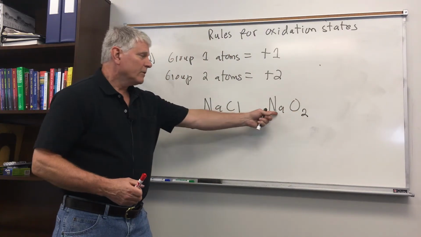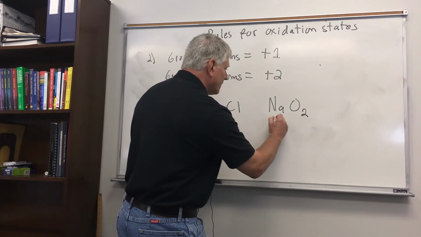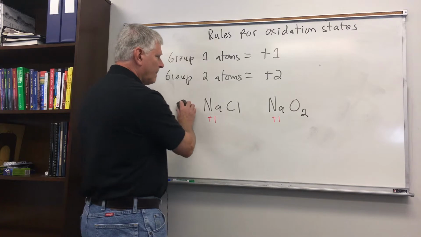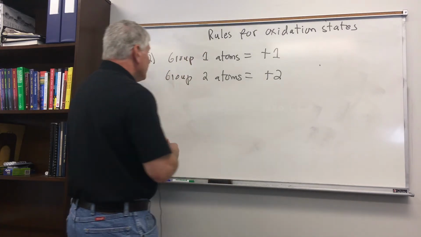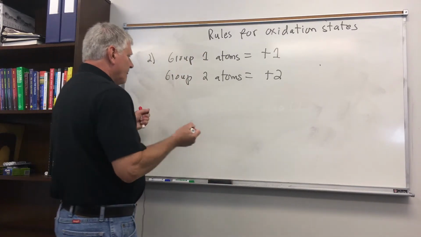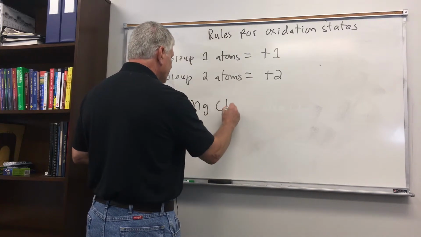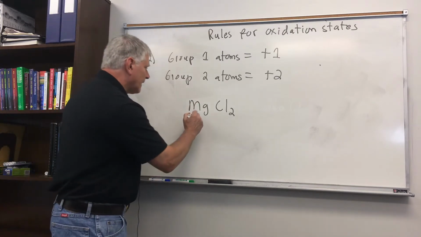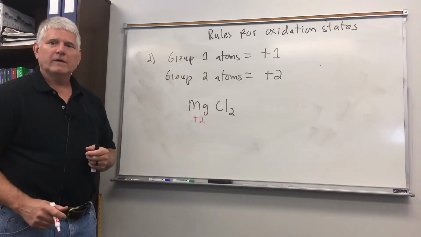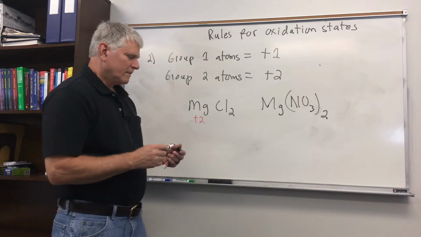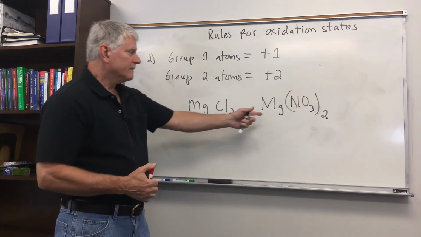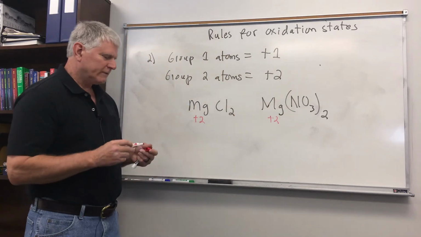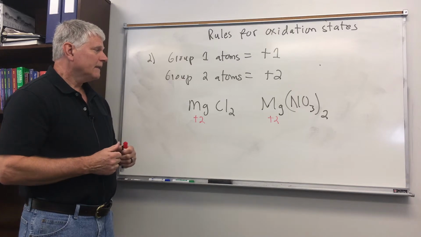We would assign sodium a +1 oxidation state. So an example for group 2, say if we have magnesium chloride, magnesium is in group 2, and so we assign it an oxidation state of +2. Magnesium nitrate, magnesium is in group 2, and so we would assign magnesium a +2 oxidation state in this molecule.